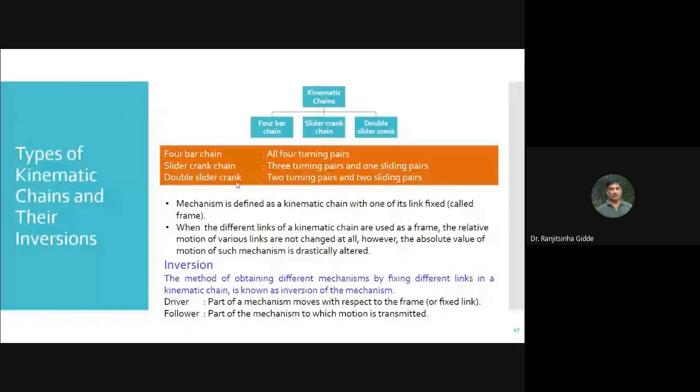Now let us see once again regarding the mechanism. So mechanism is defined as kinematic chain with one of its link fixed, called as a frame. One of its link is fixed, called as a frame. So this is very, very important. Once again we need to see this diagram.